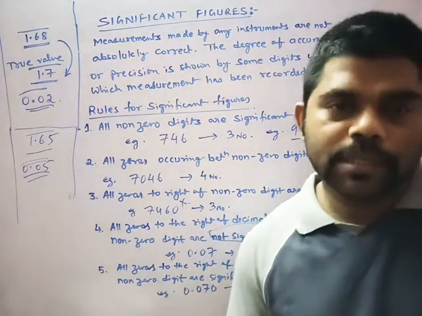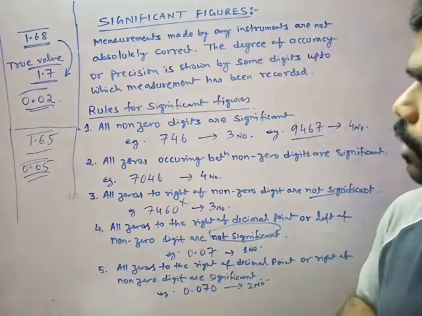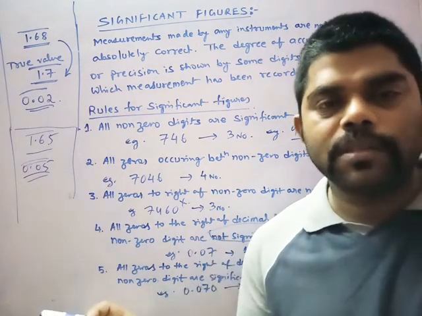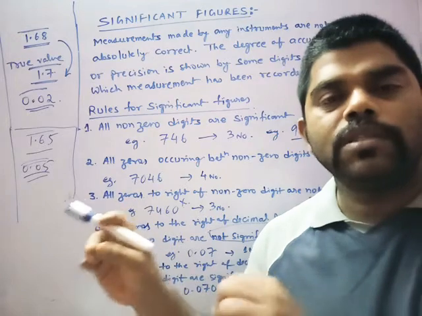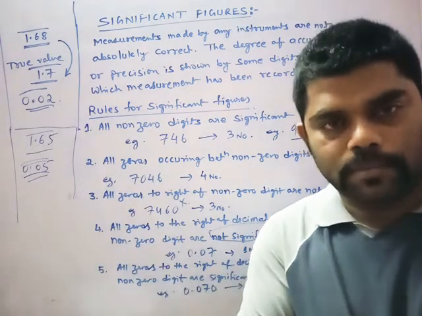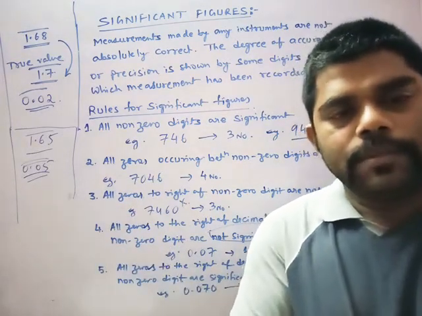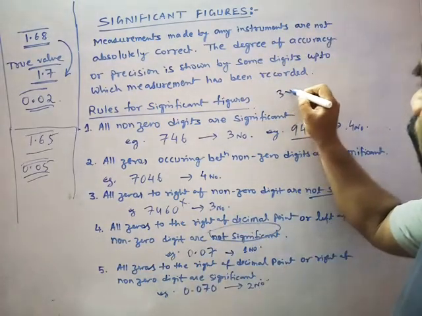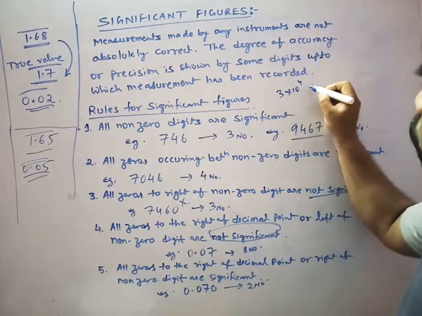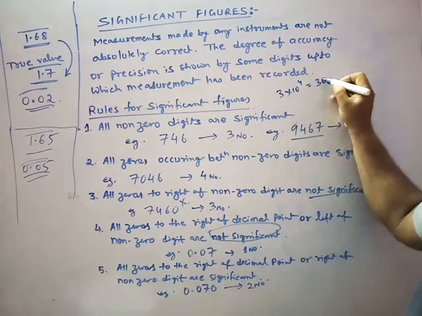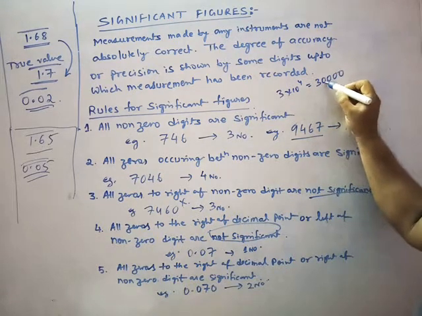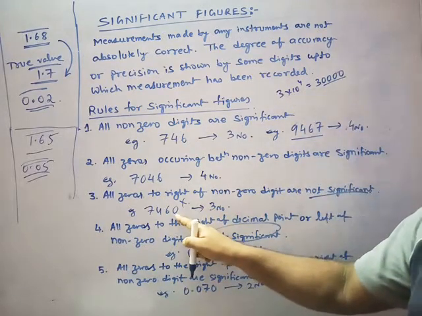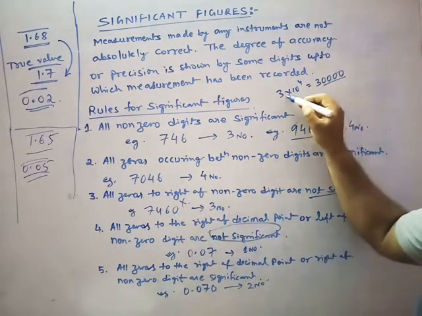And the number 6, please write it down, which I have not written here. Number 6 is: when there is a change in the units, there is no change in the significant number. Is it right? Yes. For example, 3 into 10 to the power 4, which you can write as 3 followed by 4 zeros: 1 2 3 4. Since all are to the right, as I told you, they will not be counted as a number. So what happened here?